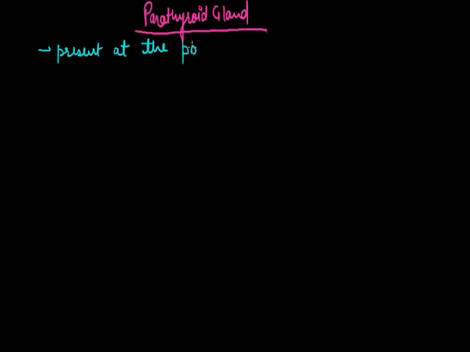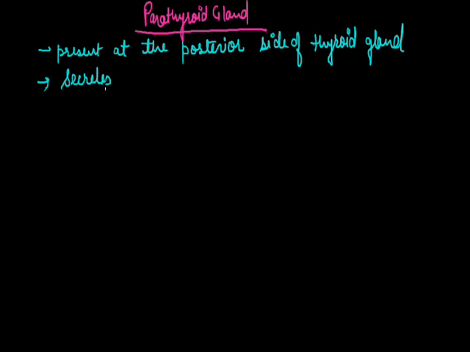One more gland is embedded inside the thyroid. This is the parathyroid. They lie on the posterior side of the thyroid gland. It secretes parathormone, which regulates calcium and phosphate ions.